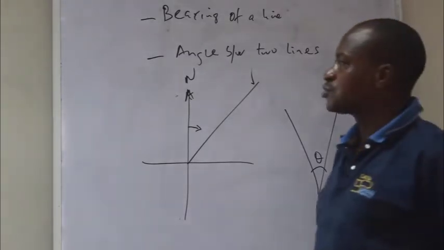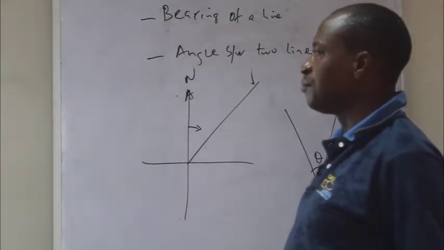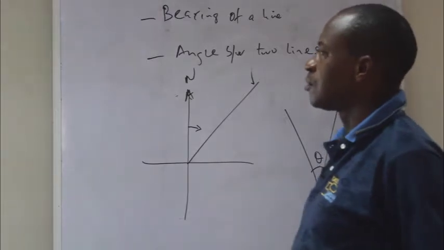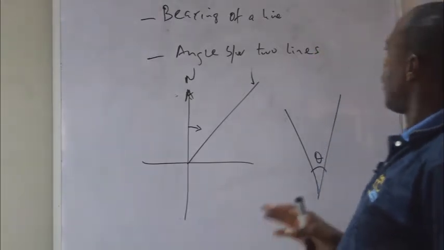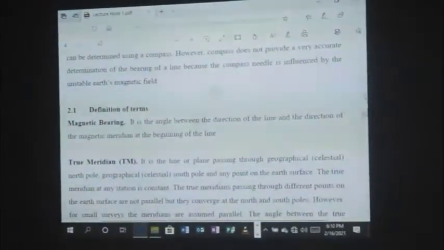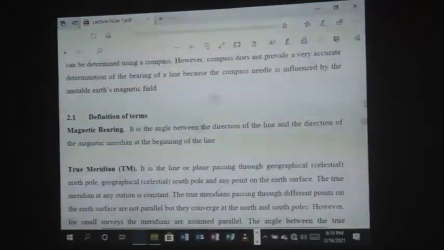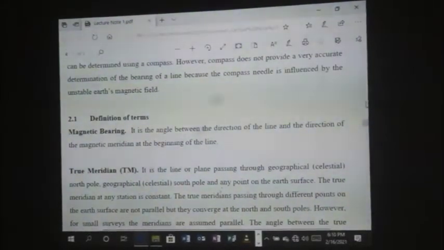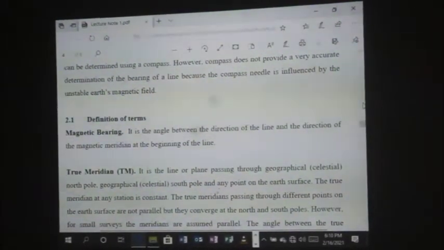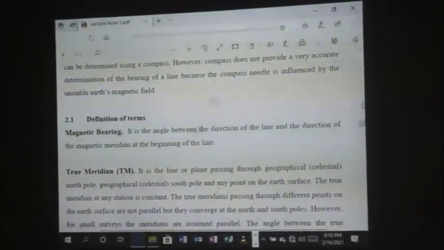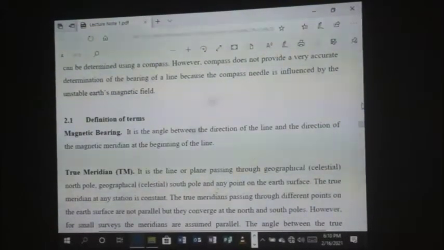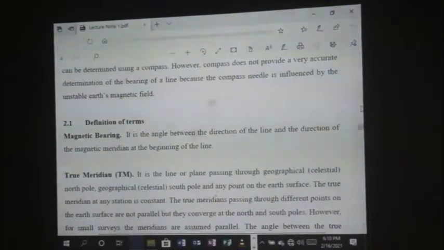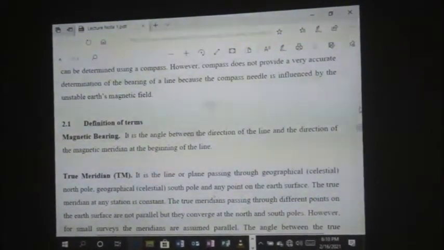But we are talking about magnetic bearings and directions using a compass. The word magnetic suggests that the reference line is from magnetic north. This is the reference, magnetic north.